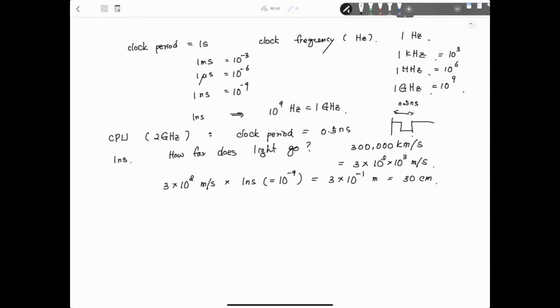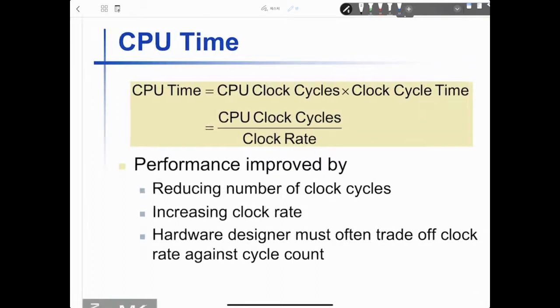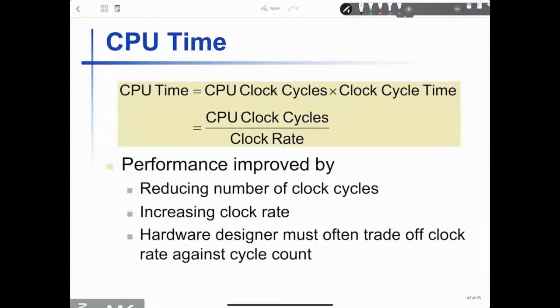Okay, so we know what the clock period and the clock frequency are. Then let's look at the CPU time. Last time we looked at how we have to measure time, so we are measuring performance.